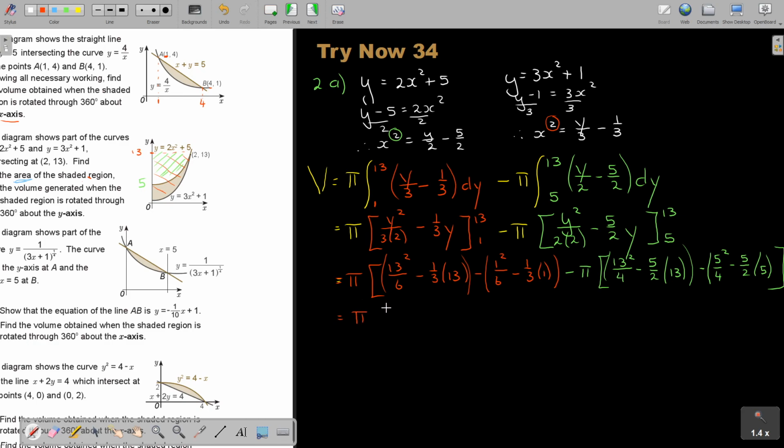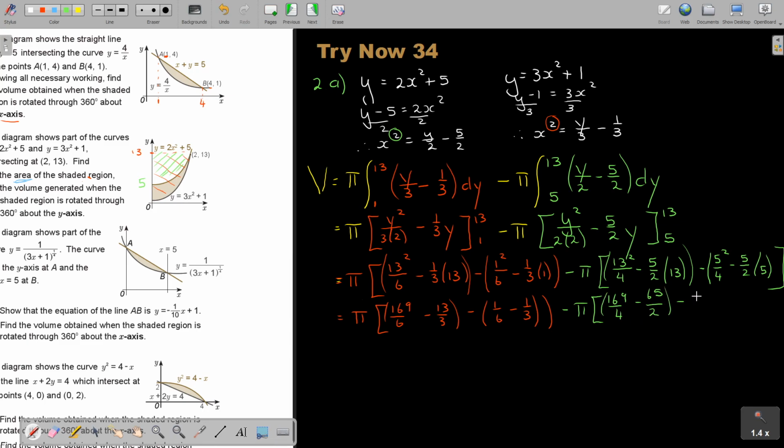I'm showing you. If I'm simplifying, this is 169 over 6 minus 13 over 3. I'm doing it a little bit long, just not to get lost in calculations, so it's 1 over 6 minus 1 over 3 without the calculator. Let's rather take a little bit of time, write it out, and make sure you don't make unnecessary mistakes. So this is also 169 over 4, and then if I multiply this, 65 over 2.